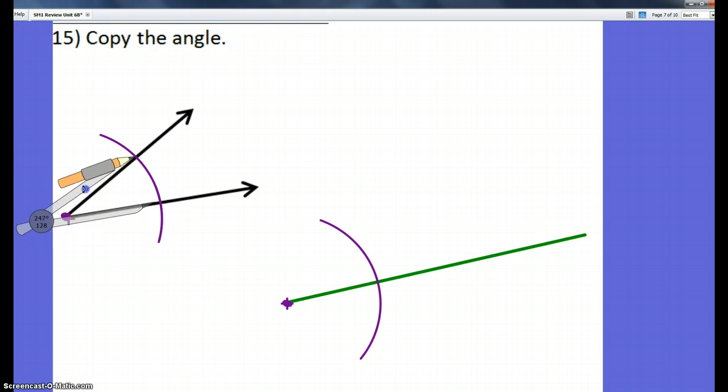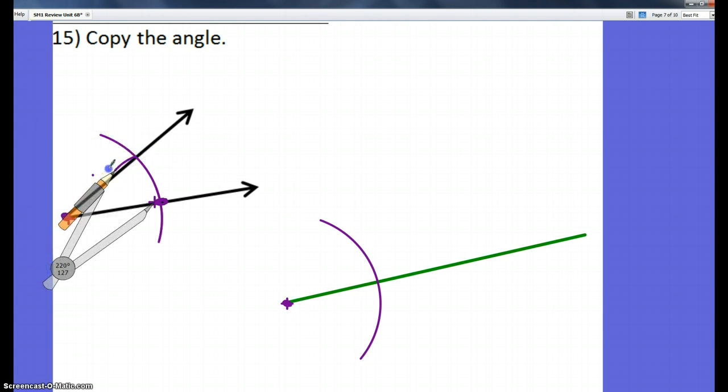Here, I've got it pointed at, so we got the tip of the compass here, and we've got the other pencil piece at the top. So I'm going to, okay, I've got it lined up. I'm going to move it down a little if I remember how to work this thing.